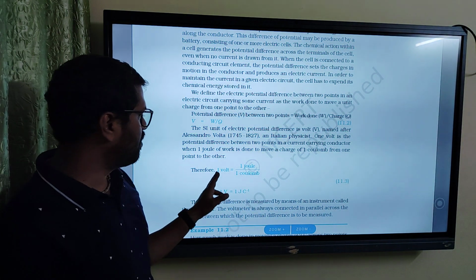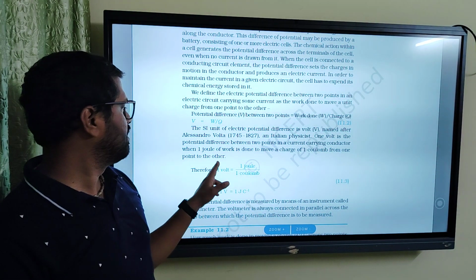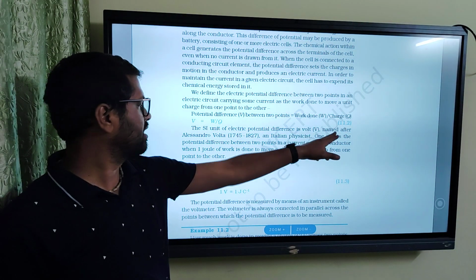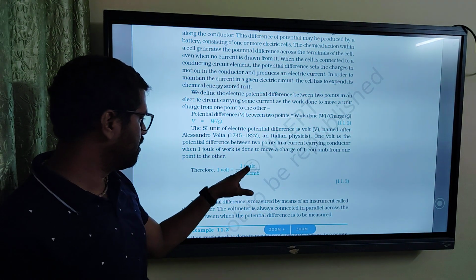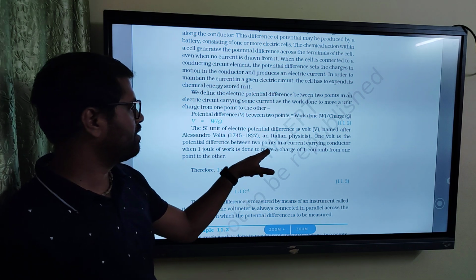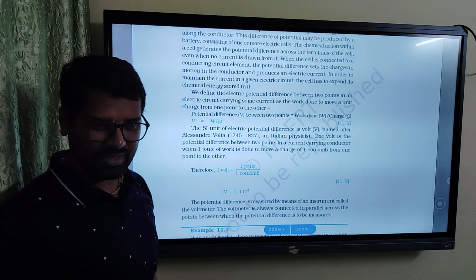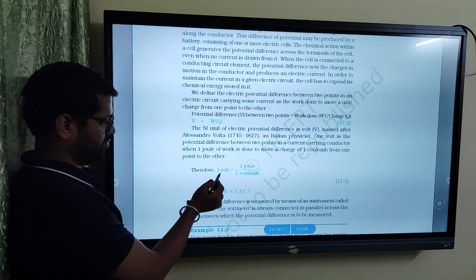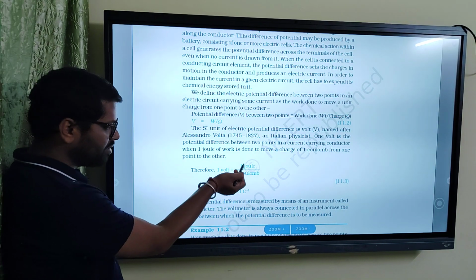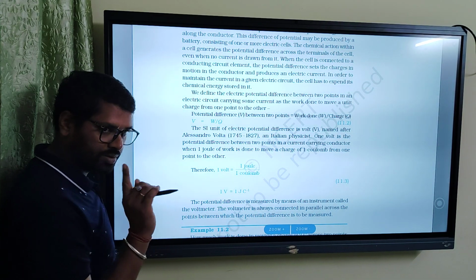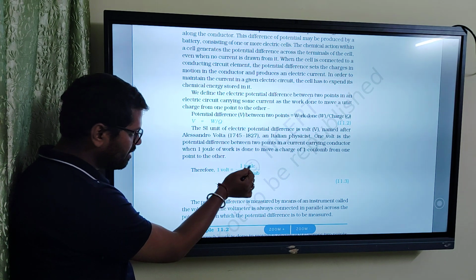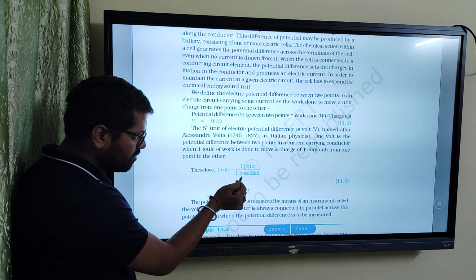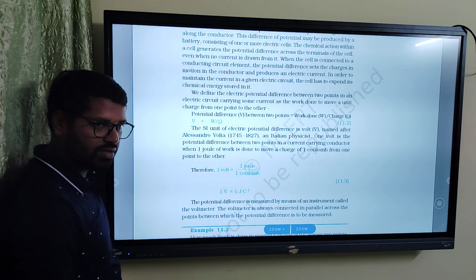So like that, 1 volt will be what? 1 joule by 1 coulomb. 1 volt is the potential difference between 2 points in a current carrying conductor when 1 joule of work is done to move 1 coulomb of charge. Simple. See, common sense. If you want 1 volt, numerator and denominator both should be 1. So how will you get 1 volt? If 1 joule of work is done to move 1 coulomb of charge, that's all.